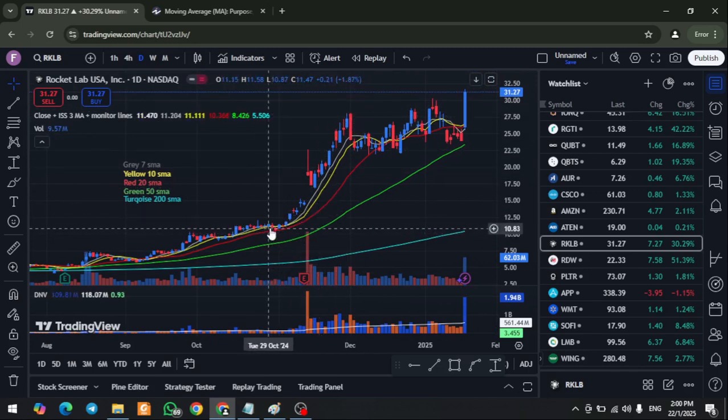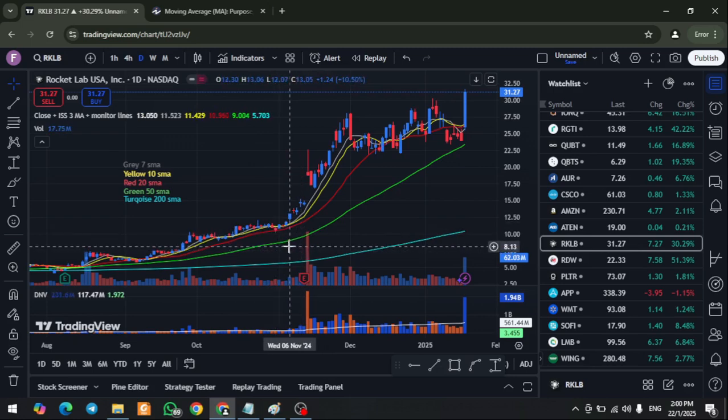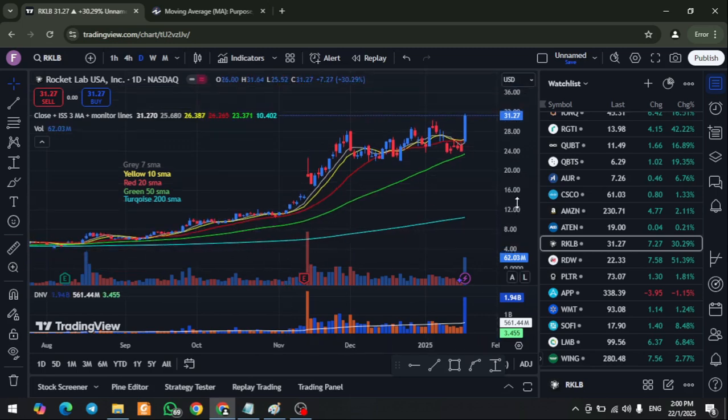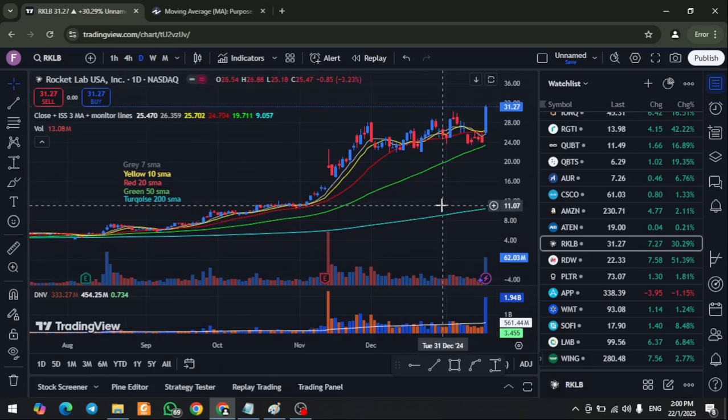So the 20 days moving average is quite tough, and usually the price that bounces back has good momentum to continue rising.